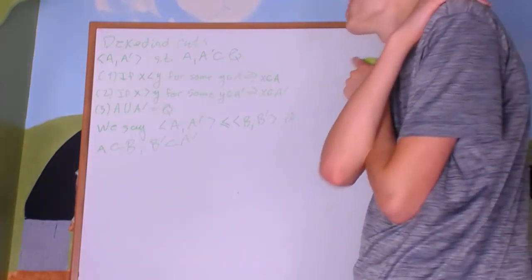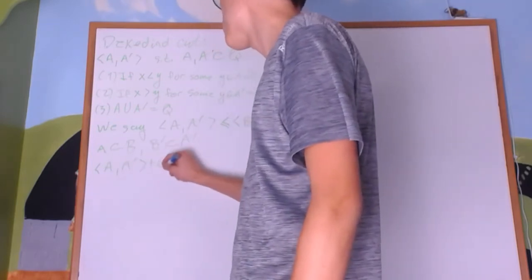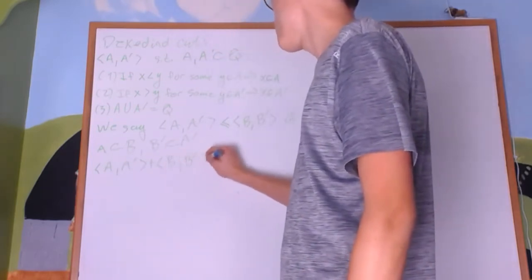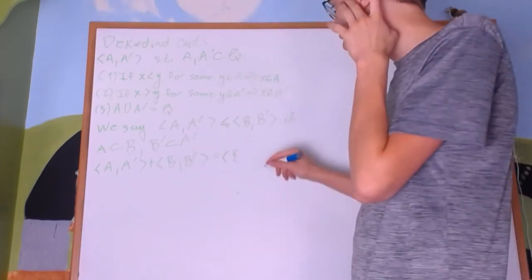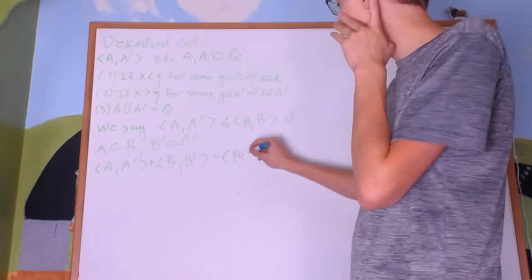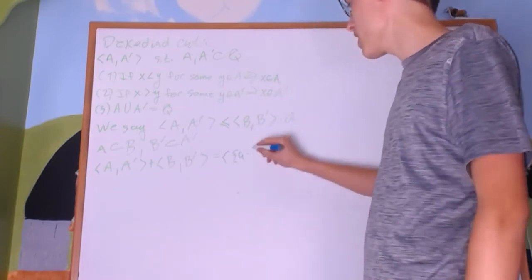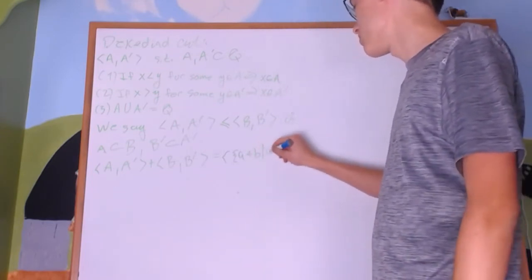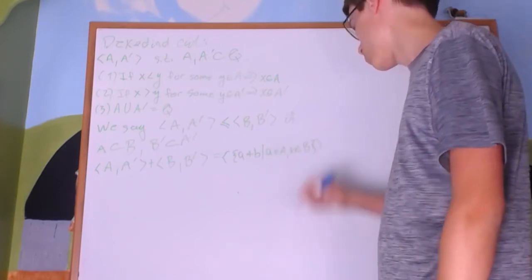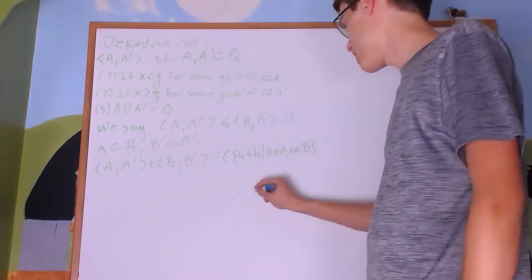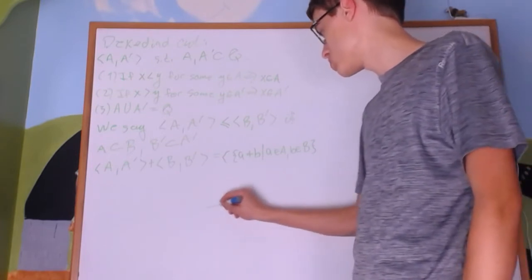Alright, you can define addition on these. So you do A prime plus B prime is going to be, alright, the set of a plus b for a in A and b in B. So for the lower bound, I can just do this.